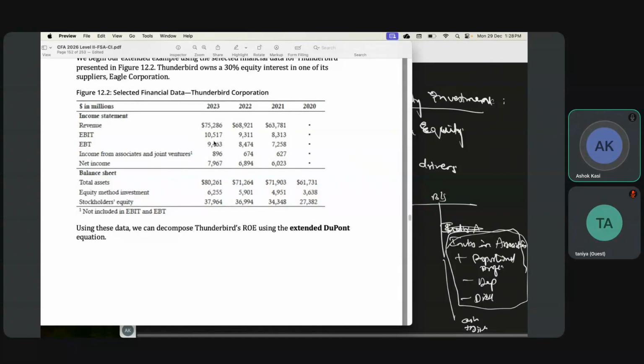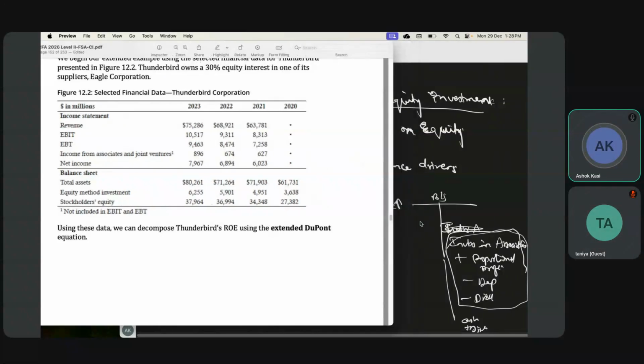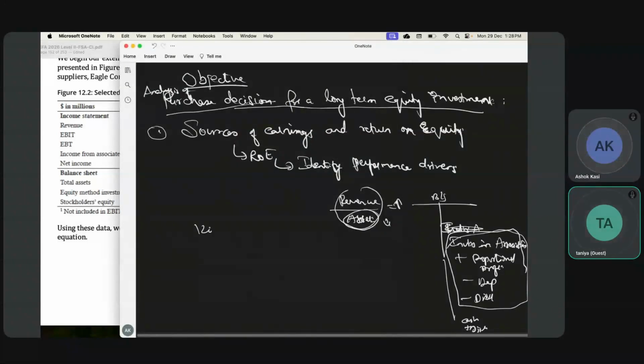Interest should be the difference between these two. EBIT minus interest gives us earnings before tax, right? So how much is the difference? 10517 minus 9463 is 1206.